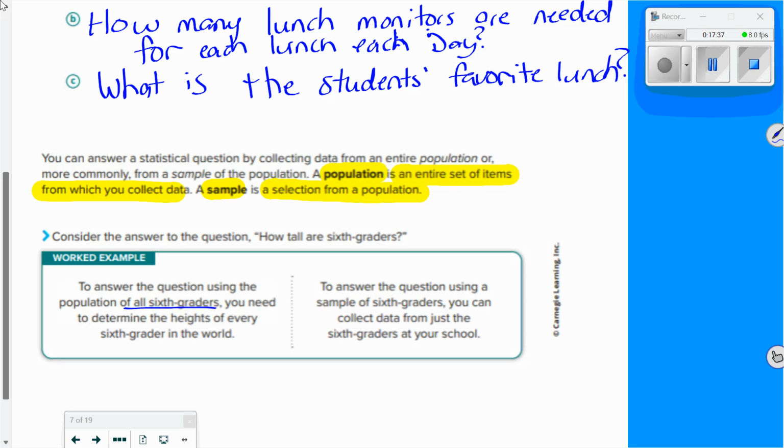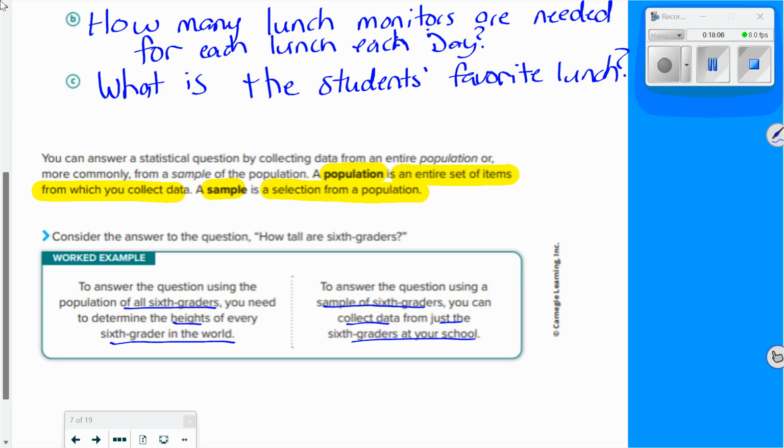I need to determine the heights of every sixth grader in the world. But to answer the question using a sample of sixth graders, I can collect data from just the sixth graders at my school. Or I can get even more specific. If I wanted to talk about an average height, I could just say the sixth graders in our math class for A4. Then it would just be you guys. So that would be even a subset of the data.